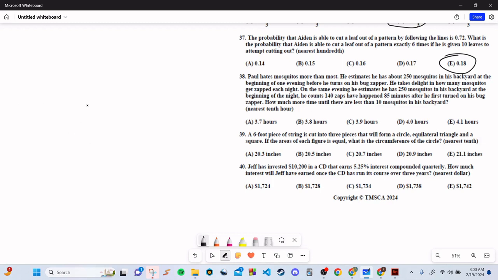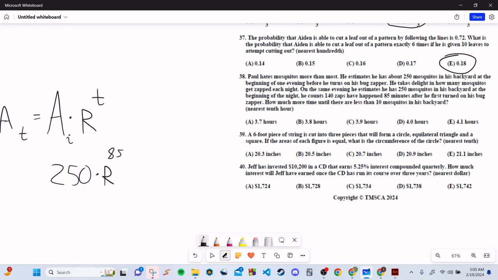Okay, so you want to model this like an exponential function. So this would be like some initial value a times some rate raised to some time, right? This will get you the number remaining at time t. And so we know what our initial is. It's 250. We're going to solve for our rate right now. I'm going to express the time in terms of hours, since that's what our answer choices are described as.